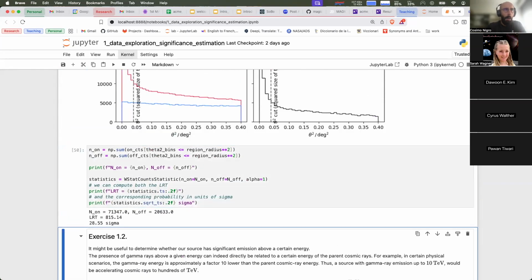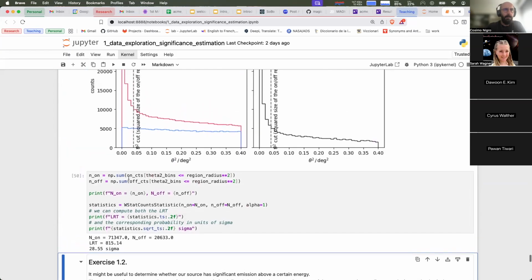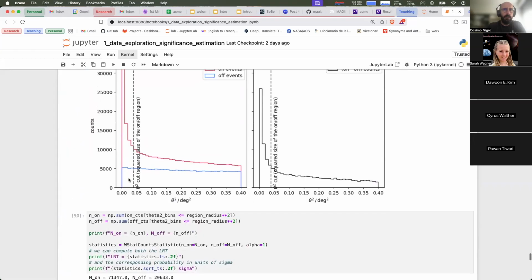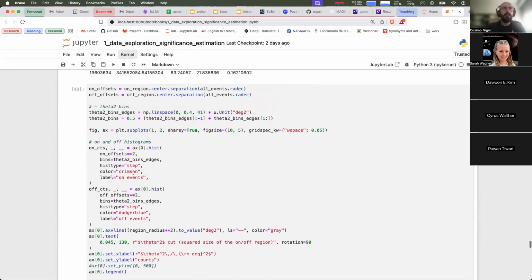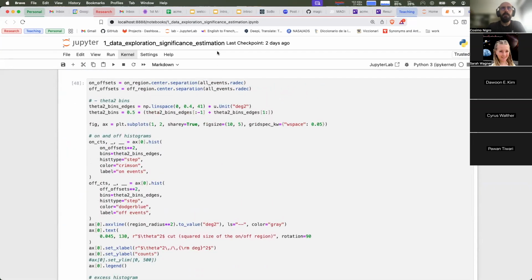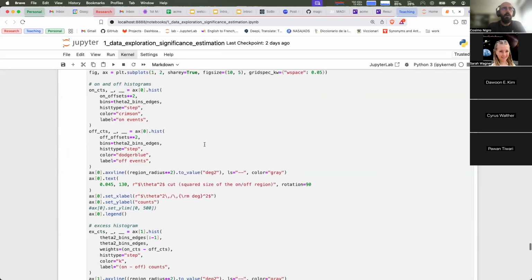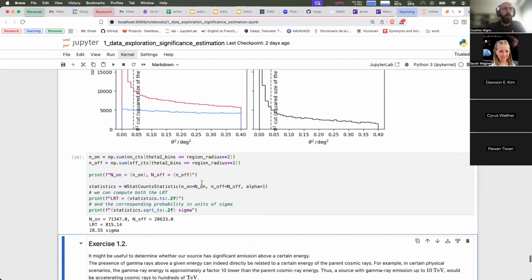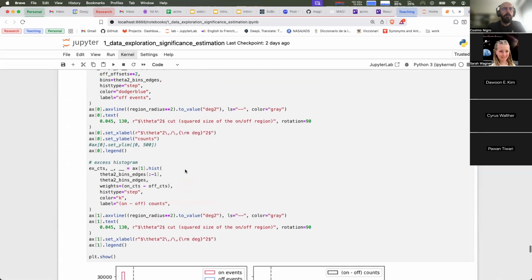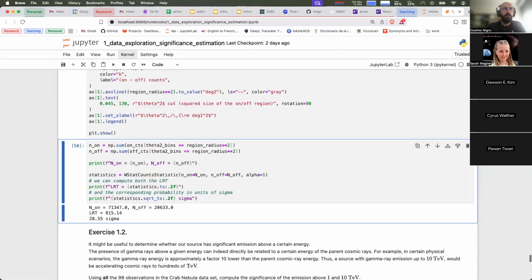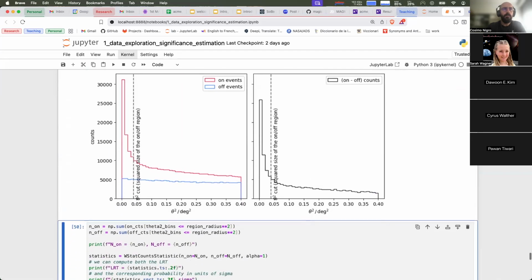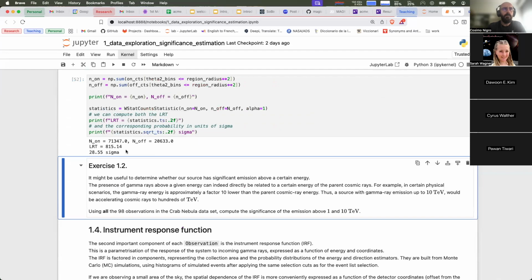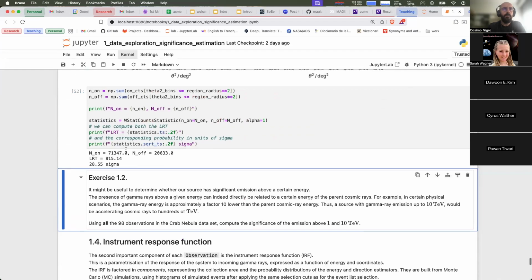Theta square being minus region radius. Right.